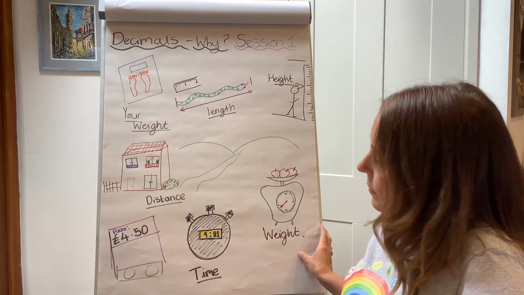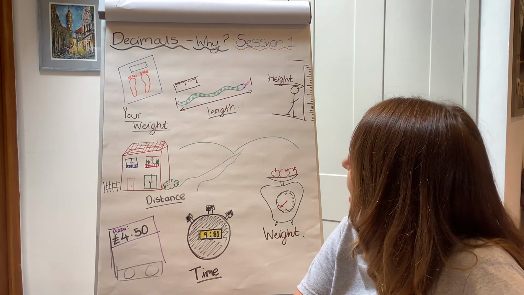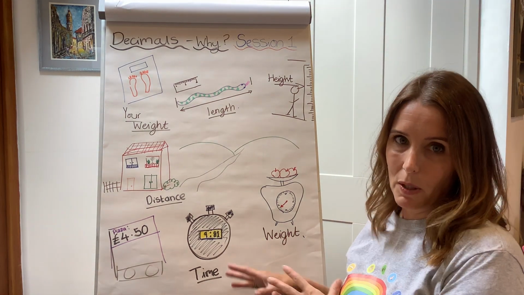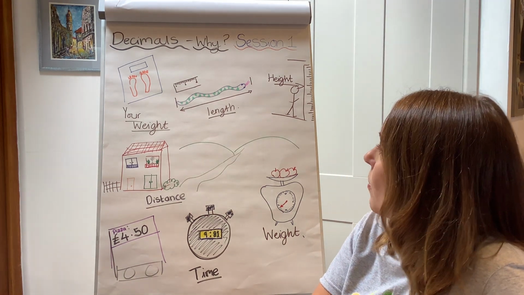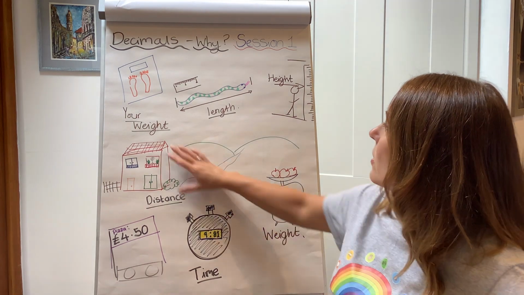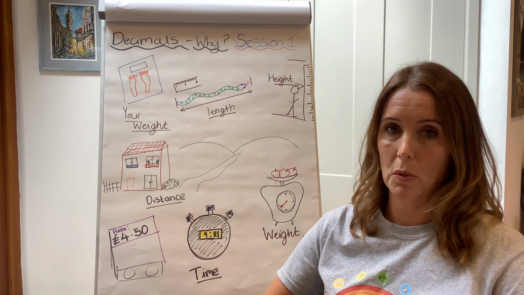Okay, so what are decimal numbers? So decimal numbers are parts of a whole number. So we can have whole numbers and parts of a number, and those parts are decimal numbers. And we use them when the whole number doesn't give us enough accuracy. So when we're weighing ourselves, we might not exactly be so many kilograms or so many pounds.